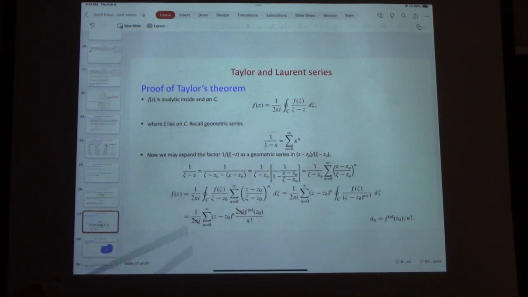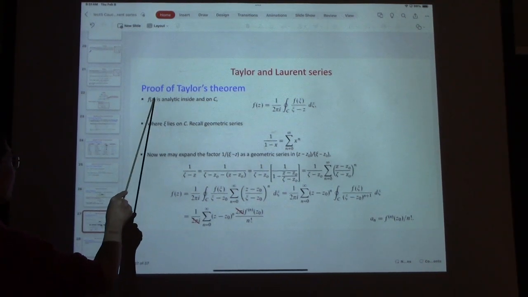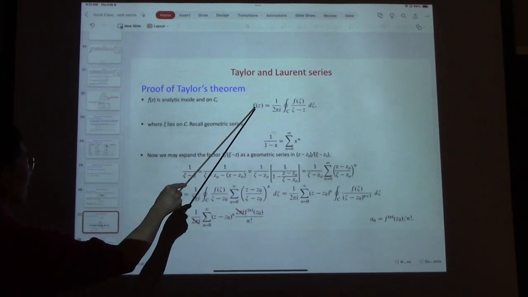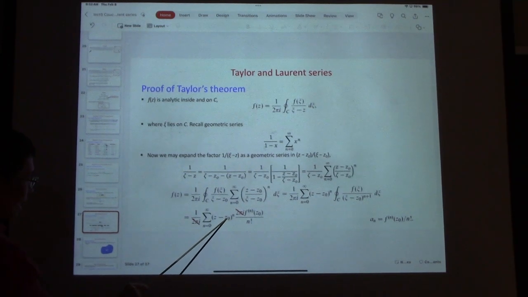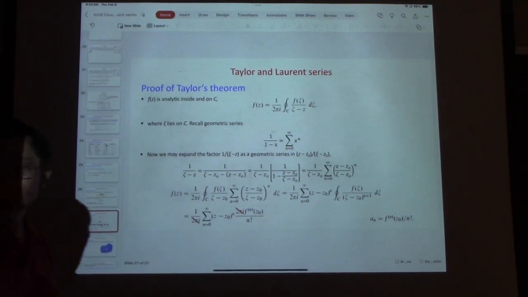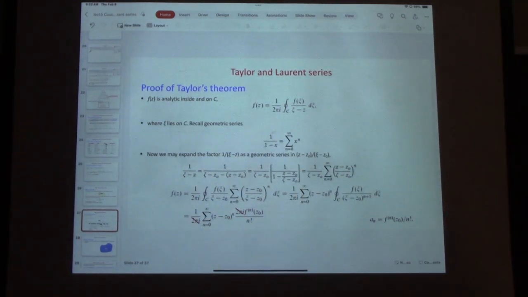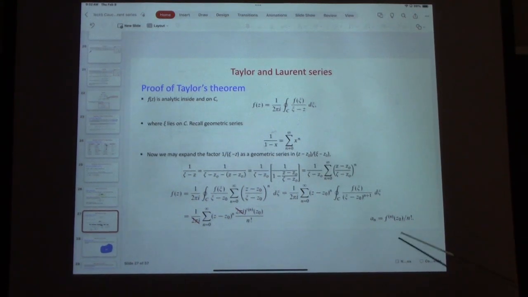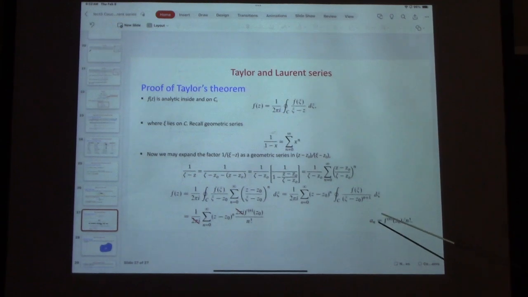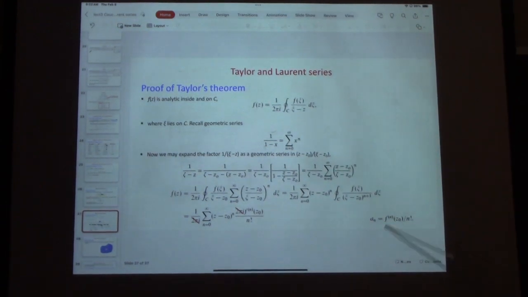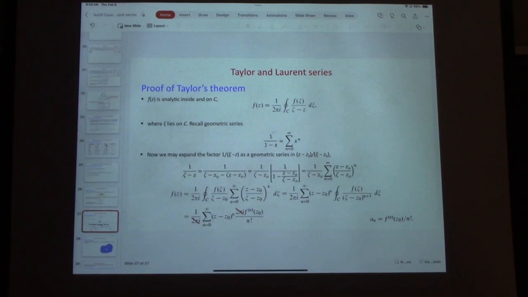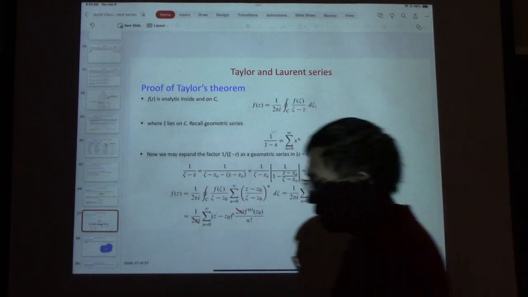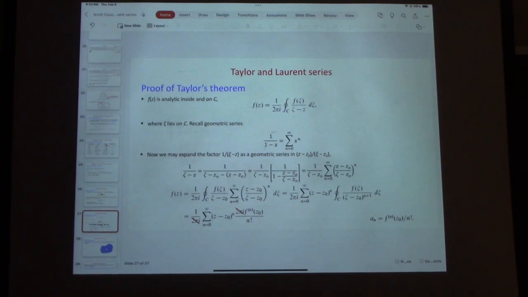Okay? So at the end, we just show that if this function is analytic, it can be expressed by a polynomial in z minus z0, from the 0th term up to the infinity term, and the coefficient happens to be this, which agrees exactly with the real function Taylor series. Okay. All right, so that's Taylor series, very good.